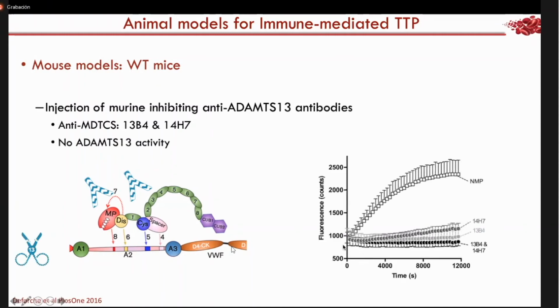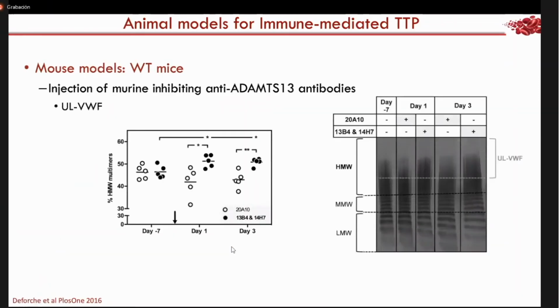When we inject them in the mice, you see this is the ADAMTS13 activity in normal murine plasma, or NMP. And when you combine both antibodies, you see in the bottom curve, the black dots, that you have full inhibition of ADAMTS13 activity. So we know that the antibodies are directed against the first part of ADAMTS13 and that they completely inhibit ADAMTS13.